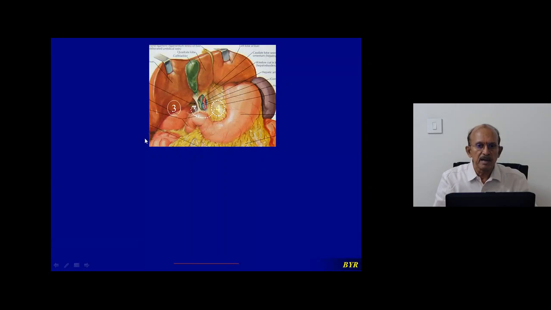So this is the diaphragmatic area. So Morison's pouch laterally, under cover of the liver, communicates with the diaphragm. To the left, it communicates with the lesser sac through the foramen of Winslow. Now is it clear?